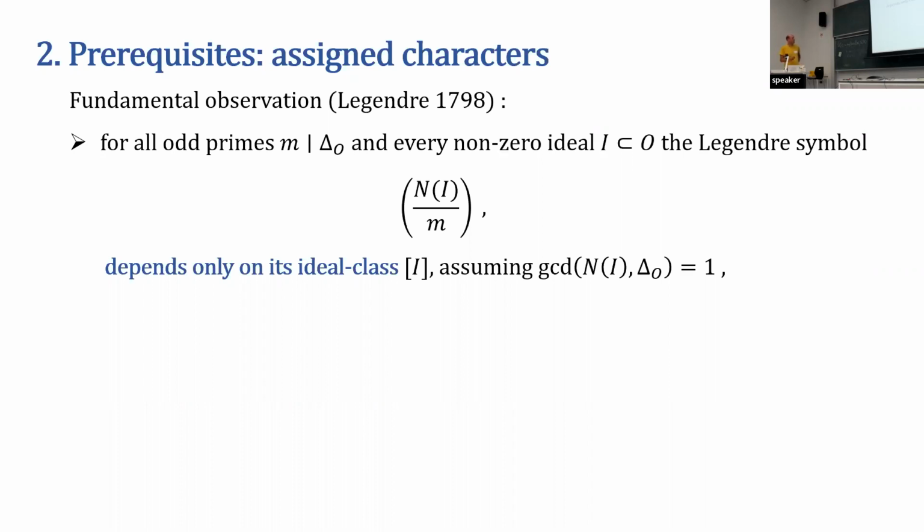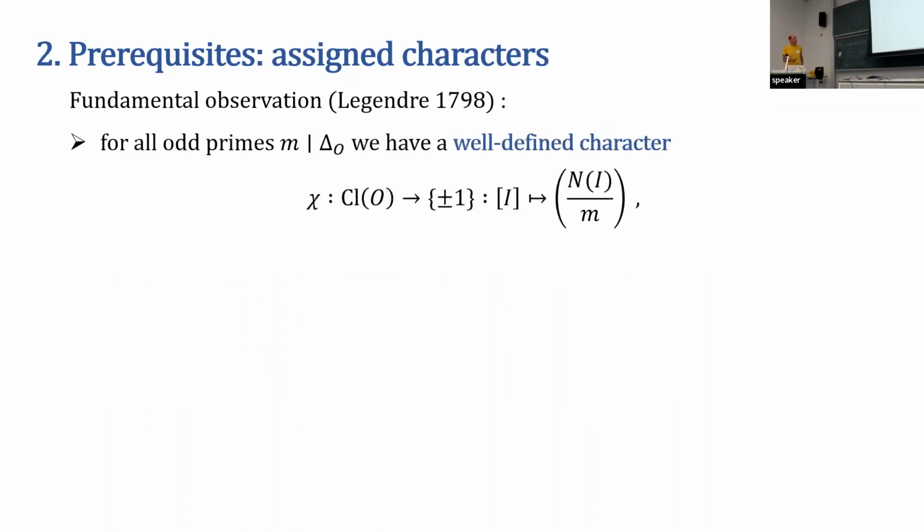If you have an odd prime divisor M of the discriminant, then you take the norm of a certain ideal, and you take its Legendre symbol over M. This Legendre symbol only depends on the class of the ideal, so it doesn't change if you take different representatives of the same class. Of course, you have to assume that every ideal class contains ideals satisfying this assumption. In a different way, you can say that this is a well-defined map.